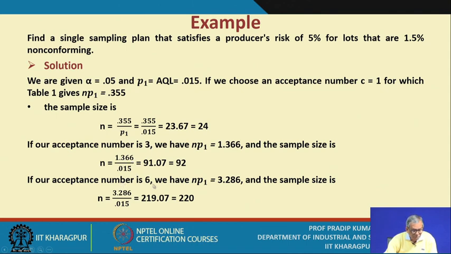Is it okay? Similarly, when the acceptance number is changed to 6, that means x equals 6 and probability of acceptance is 0.95, you can get the value of lambda from the cumulative Poisson distribution table, and that value is 3.286. So if c is 6, n is 220.